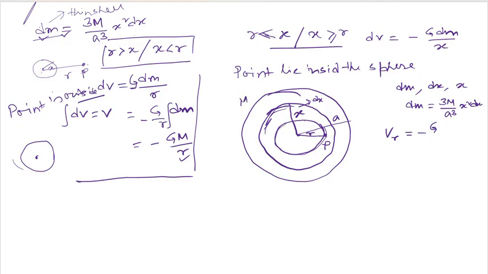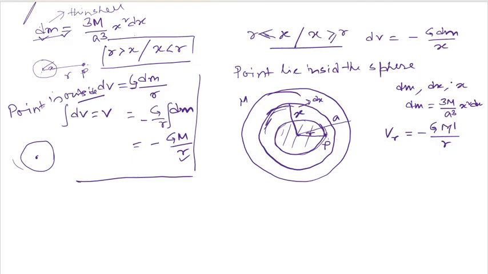I don't know the mass of this sphere. This is also a solid sphere, but I don't know what the mass is, so I am just taking the mass as M dash divided by r. That is the formula, correct? Because this is on the surface of this sphere.